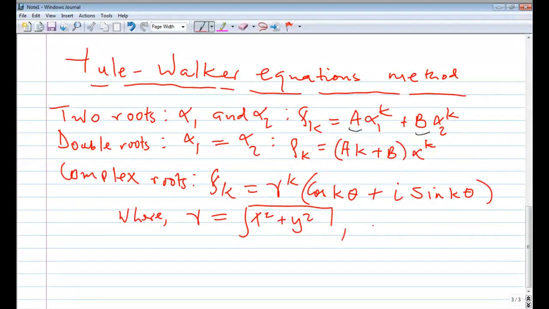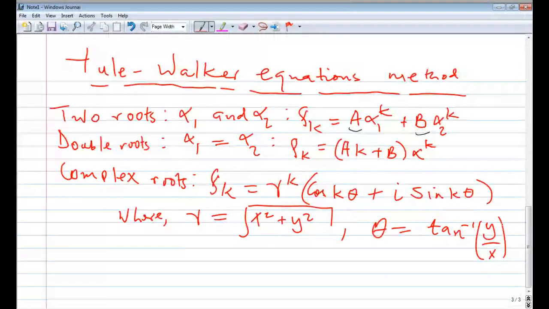Okay? And theta is an angle, which is defined by arctan of y over x, close brackets.